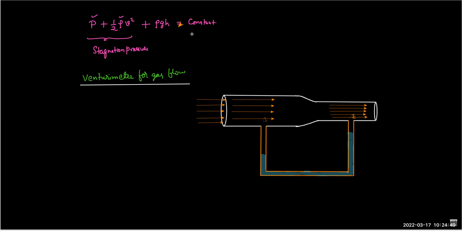So here the pressure at this location, if I say P1, and pressure at this location, if I say P2, and the density of air or gas we call rho G. But here we have liquid, so we have a rho L value. So this difference of pressure and this height difference, you can always relate.